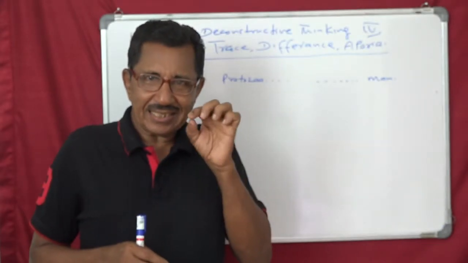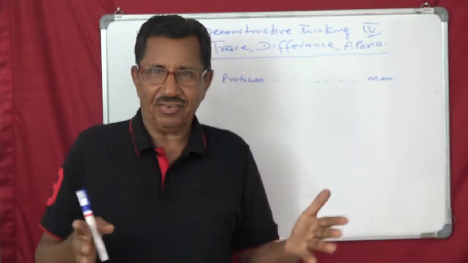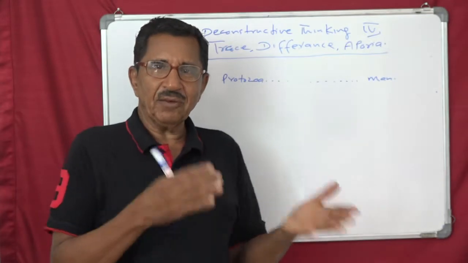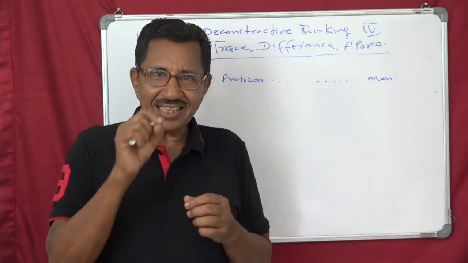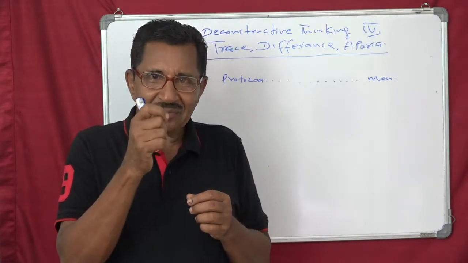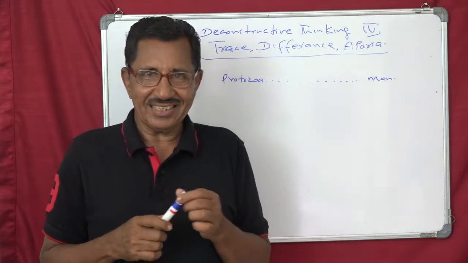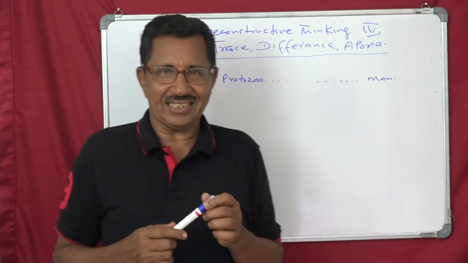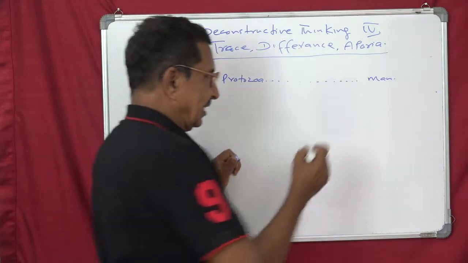And at the same time they are different. Man, woman, different. But there is a common element in them. Understand? So that is the point. That is trace. Trace means that.